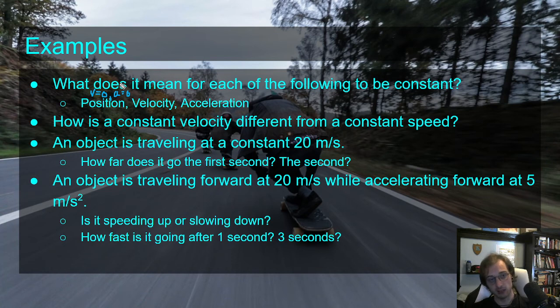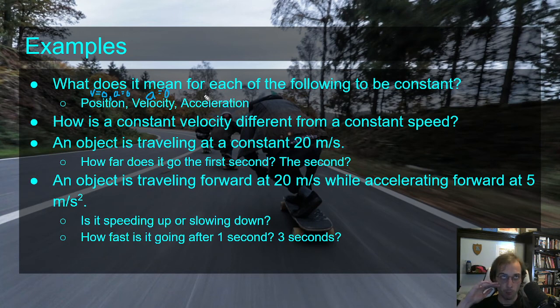If your velocity is constant, what that means is that you aren't changing how you're moving, but you are still moving. So that means your position will constantly be changing, but your acceleration has to be 0 because you can't be changing how you're moving, which is what acceleration does. If your acceleration is constant, it actually means that your position should be constantly changing over time, and your velocity will also be constantly changing over time, and pretty much nothing's going to be constant, except maybe the acceleration.